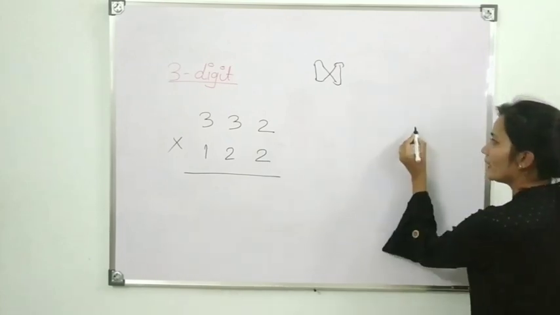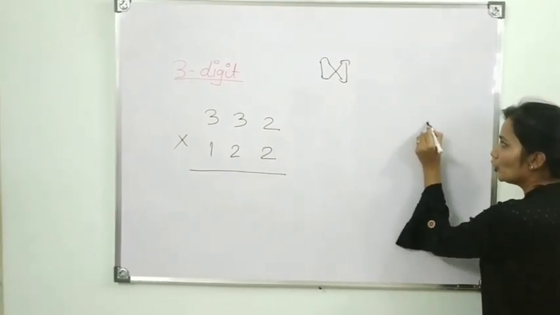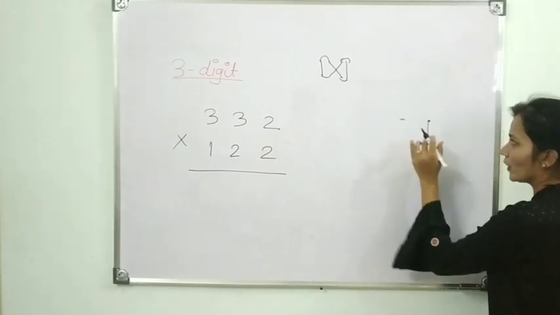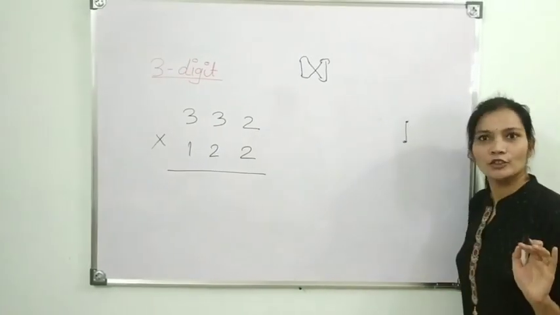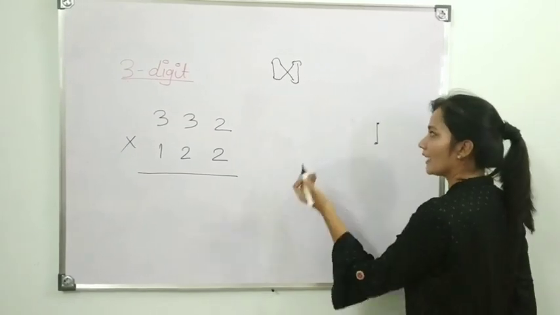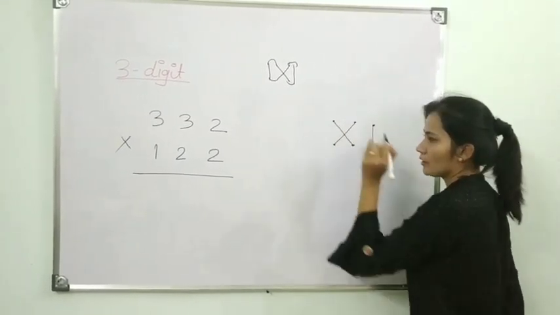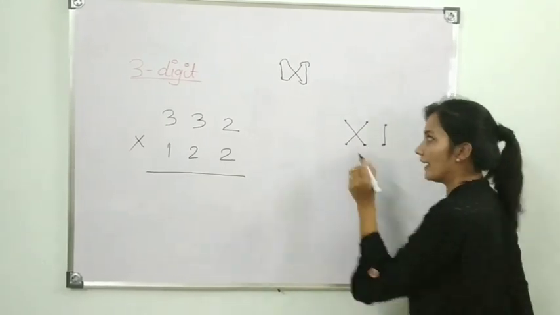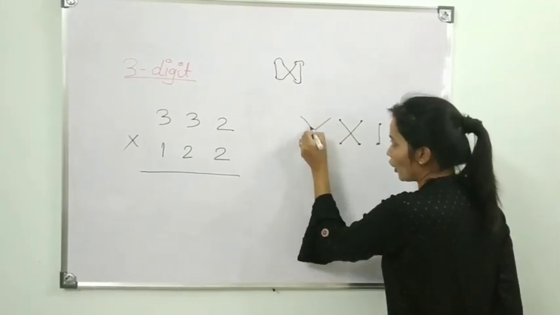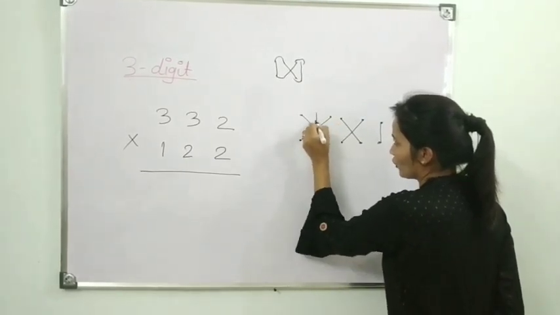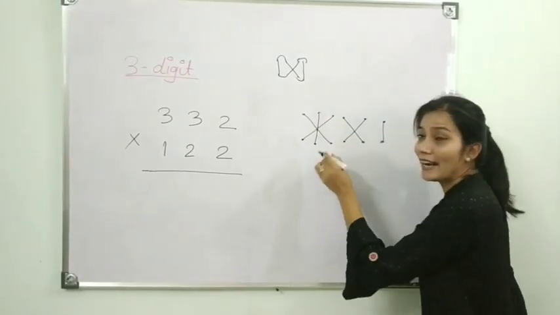First you have to understand that you will multiply these two numbers, same as in the 2 digit method. Then cross multiply, same as in 2 digit. Then a wide cross multiply, and also this, and you will add this.